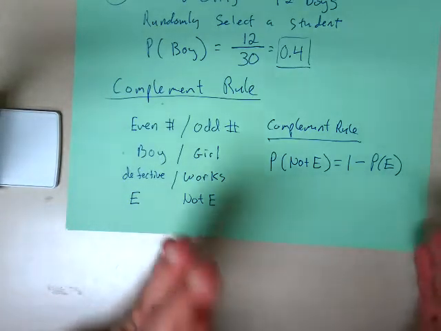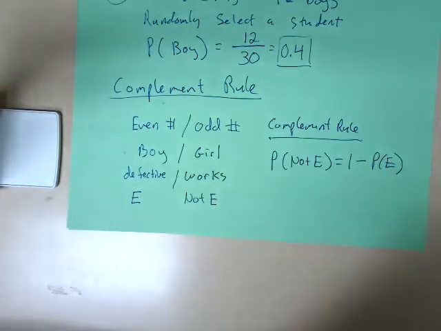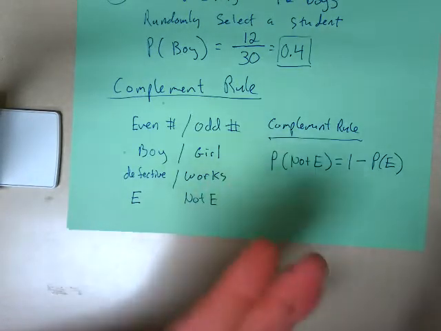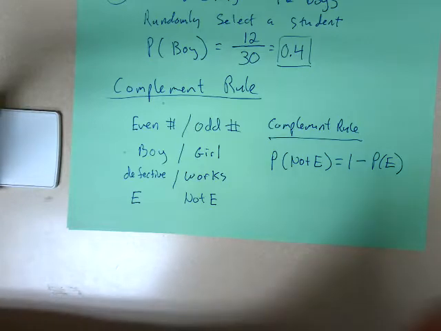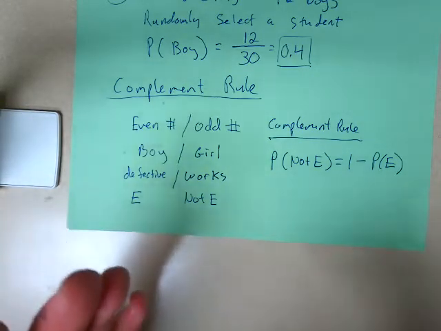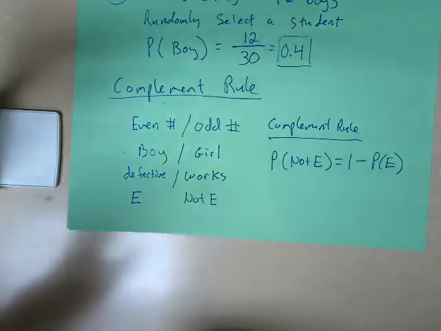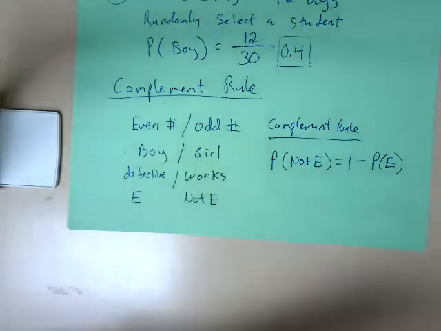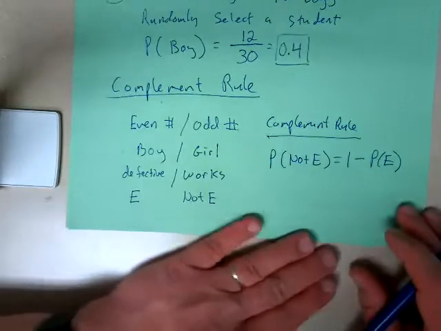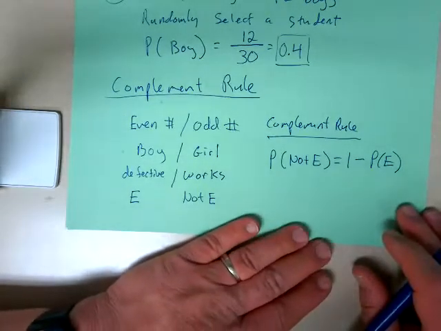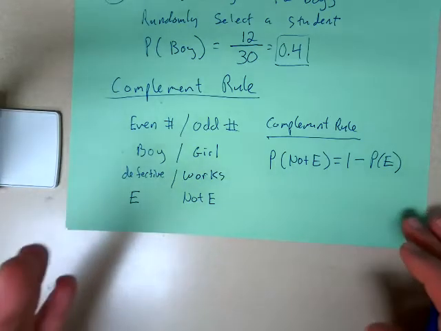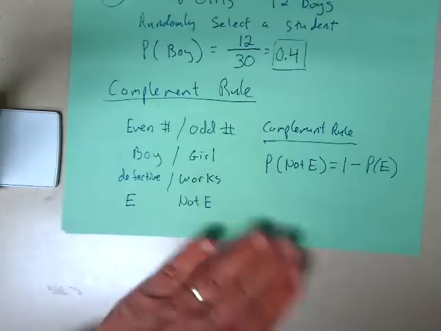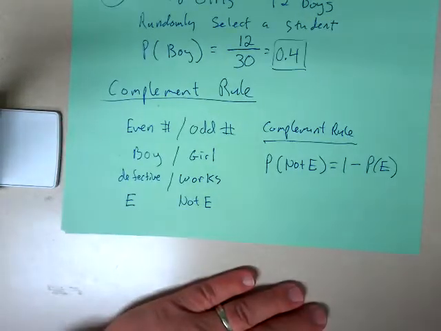Another way you can think about it is if you add the two together, they're going to add up to 1 because those are the two possibilities. And so since they add up to 1, if you know one of them, you can take 1 minus the one you know to get the one you don't know. Maybe an even easier way of thinking about it is something like if 10% of the parts work, 90% do not work.